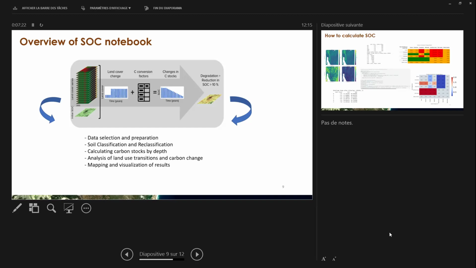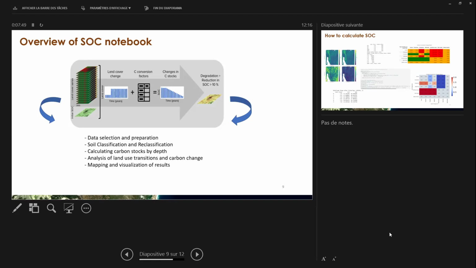So we started with the initial soil organic carbon based on the land cover series, and this series is converted to values or classes based on the C stocks distribution in the last 20 years.